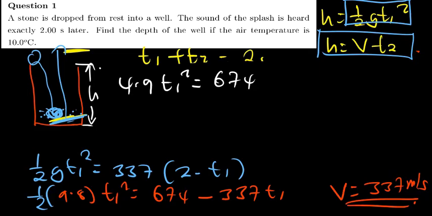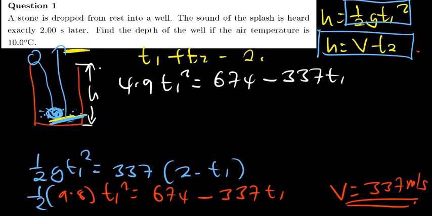674 minus 337 t1. I can clearly see that I've got t1 and just t, meaning that is a quadratic equation. What's the best thing to do? I'm going to shift these to go to the left hand side.